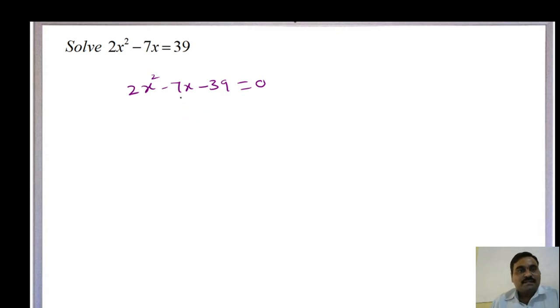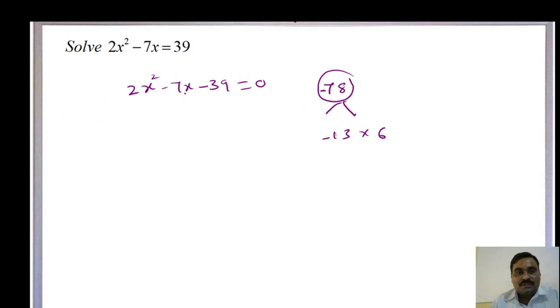In order to split it, 39 multiplied with 2, 39 2s are 78, and that is minus 78. We get factors of minus 78 as 13 into 6. 13 6s are 78, but we require the minus 7 here.